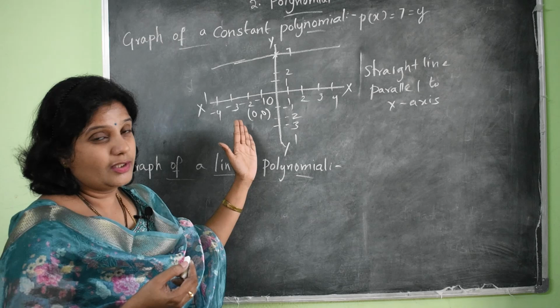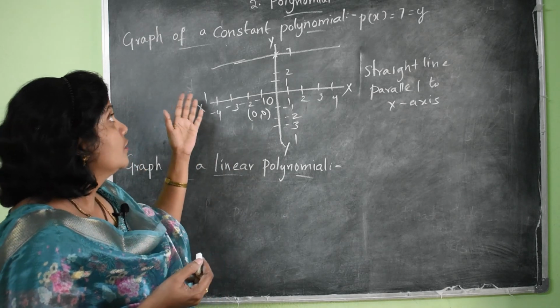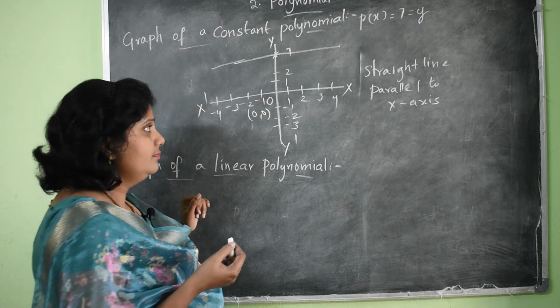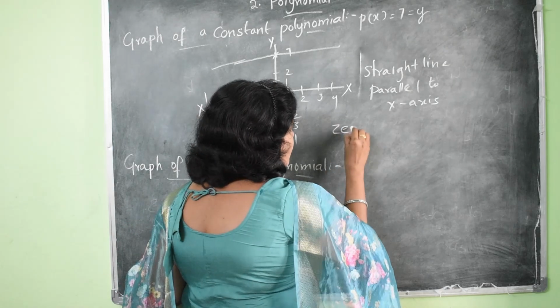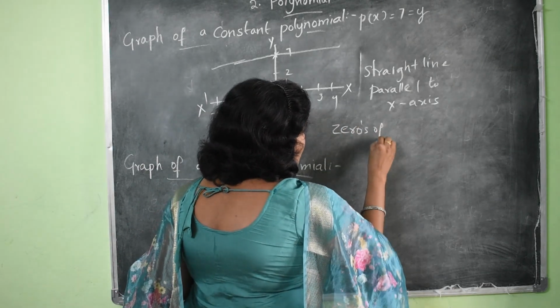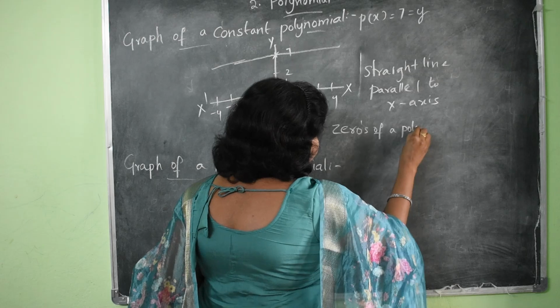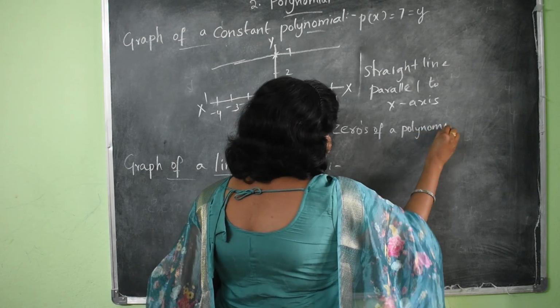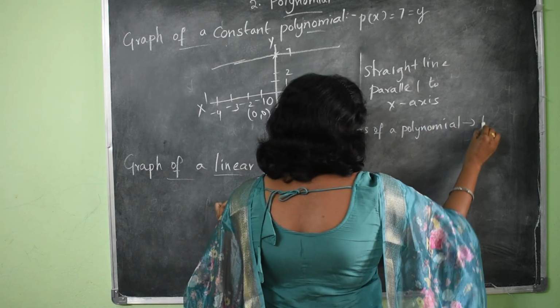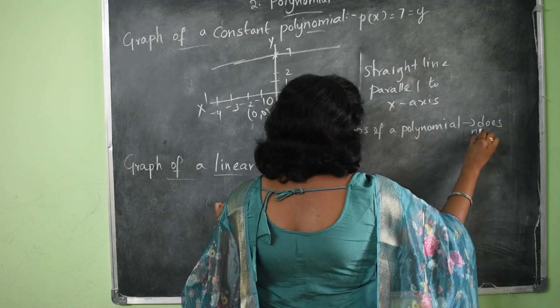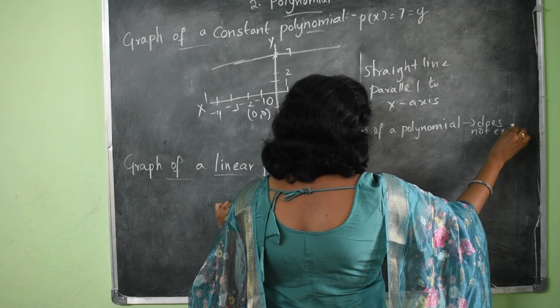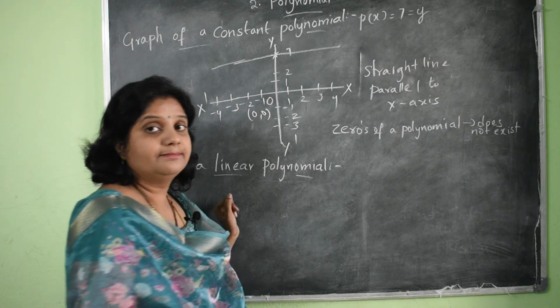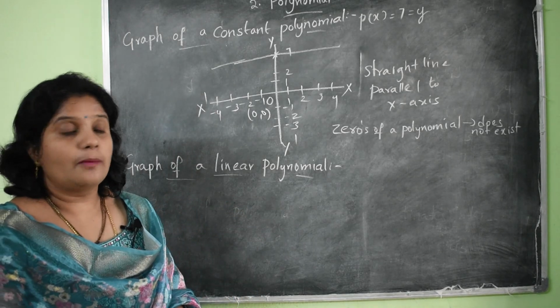It means the graph is not at all meeting the x-axis. So what happens here? The zero of a polynomial does not exist. Here the zero of a polynomial does not exist.